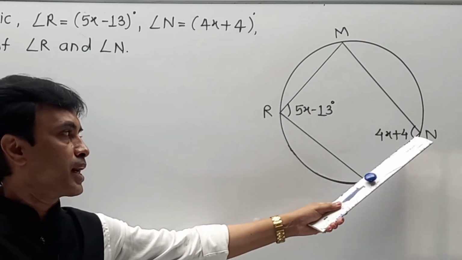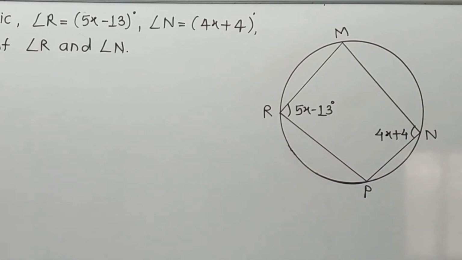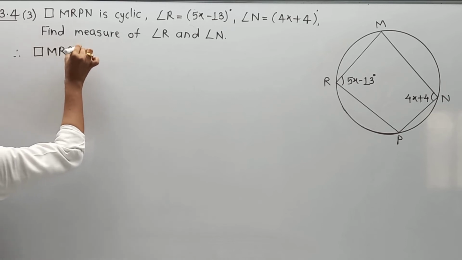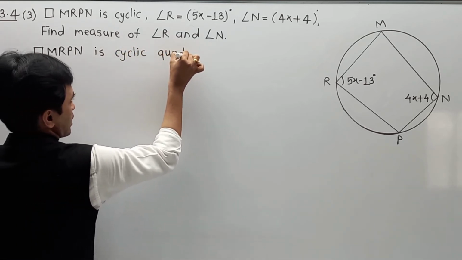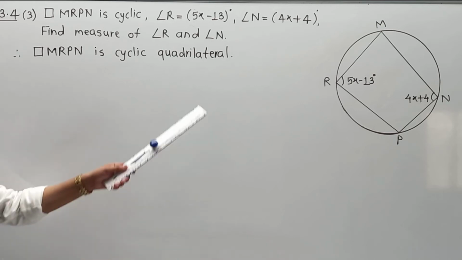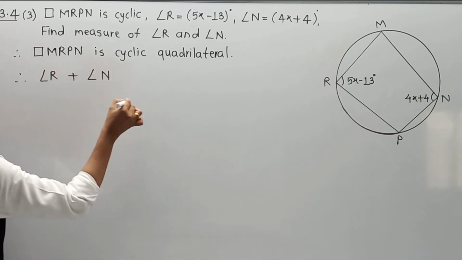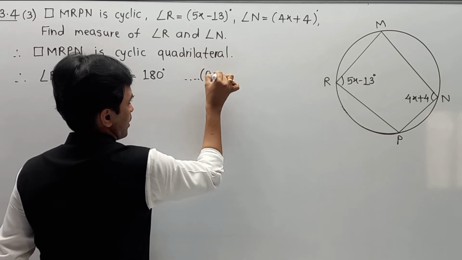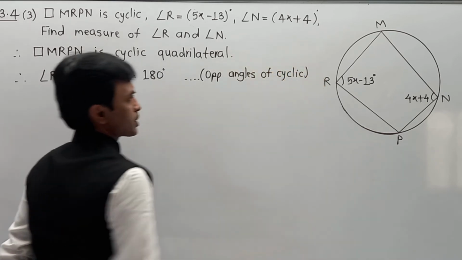Means angle R plus angle N is equal to 180 degrees. Now using that property, therefore MRPN is a cyclic quadrilateral. Now, in a cyclic quadrilateral, opposite angles are supplementary. Therefore, angle R plus angle N is equal to 180 degrees, reason: opposite angles of cyclic quadrilateral.